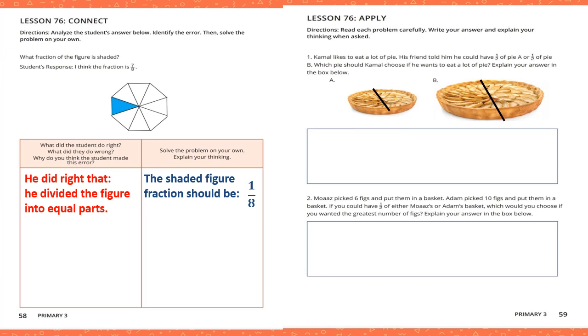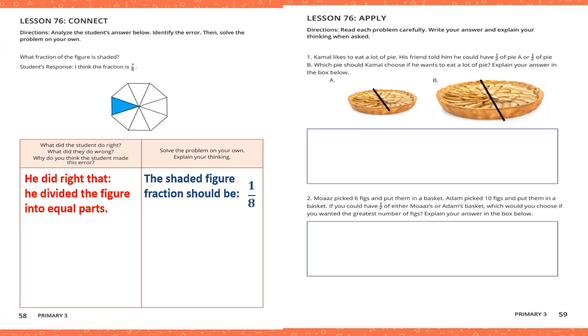Both are divided into halves. But notice that the half of pie A is smaller than the half of pie B. Why? Because the whole A is smaller than the whole B.